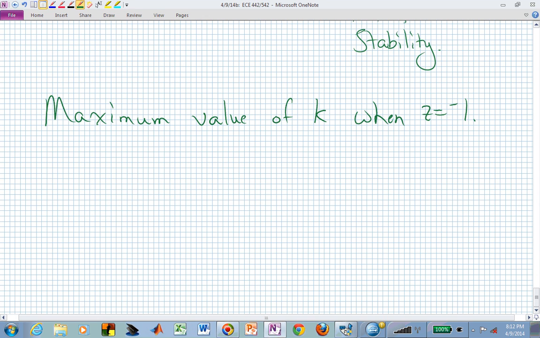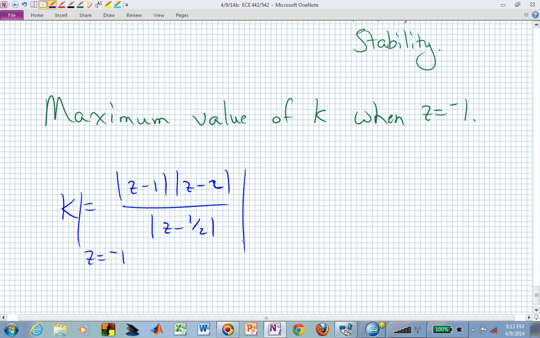From our formula then, we have k at z equal -1 is z minus 1, z minus 2, all over z minus 1/2, all of those with absolute values. That's when z is equal to -1. We get -2's absolute value, that's 2. We get -1 minus 2, or -3, its absolute value, that's 3.